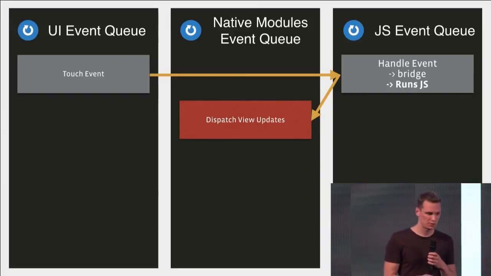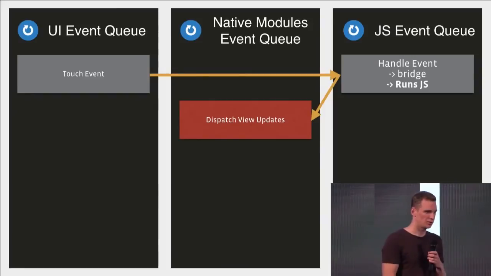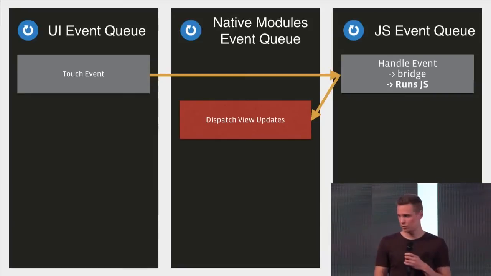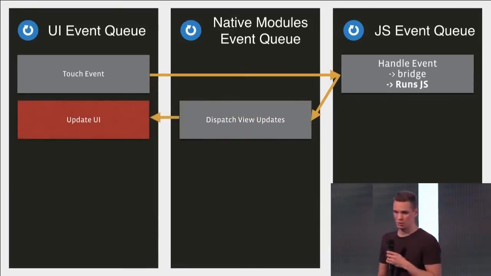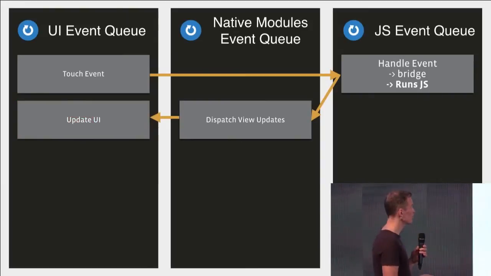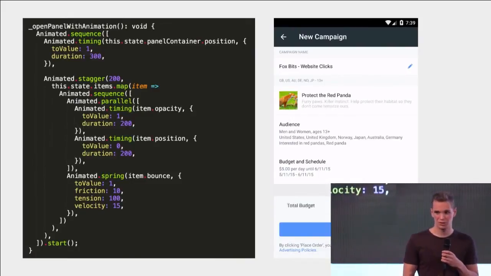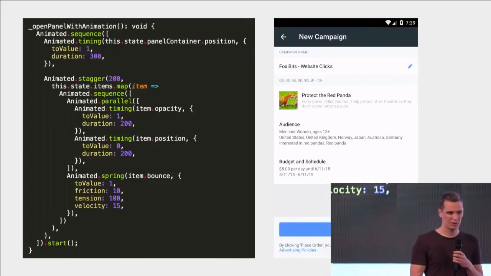And we compute like, okay, so React from JS tells us this view should be green, the size should be 200. So we recompute the layout using CSS layout, and then we finally update the UI on the main thread, because that's what you always have to do. Cool. All of this can happen at 60 frames per second, ideally.